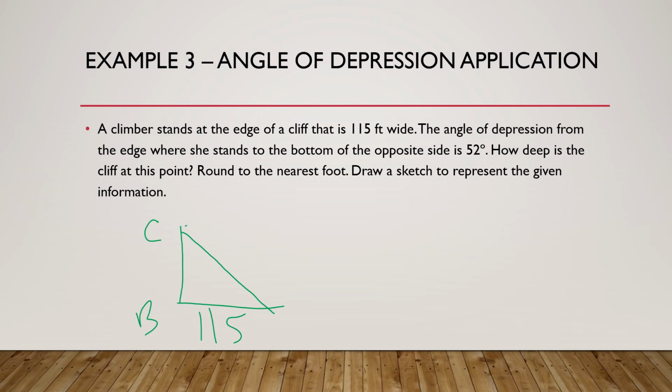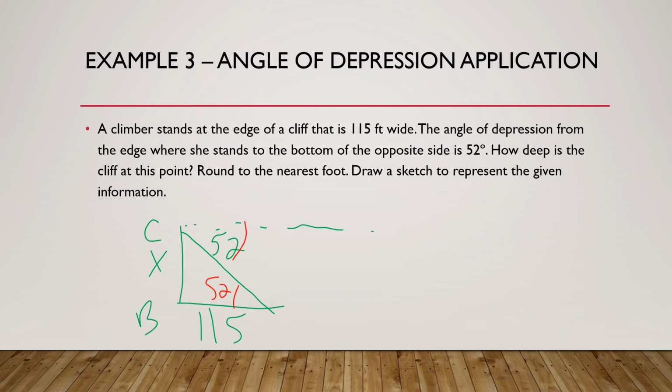And here's her line of sight up on the cliff. The angle of depression, which would be below the line, is 52 degrees. And they want me to find the height of the cliff. So I can use my alternate interior angles. If this is 52, this one would be 52 degrees.